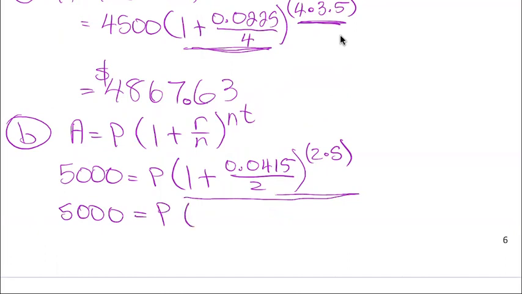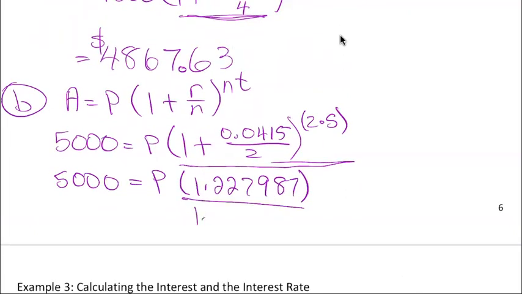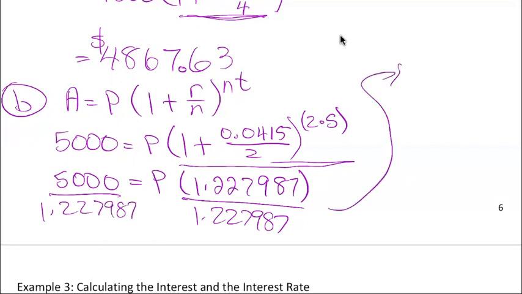I got a value of 1.227987. To get P by itself, I'm going to divide by 1.227987, divide by 1.227987.